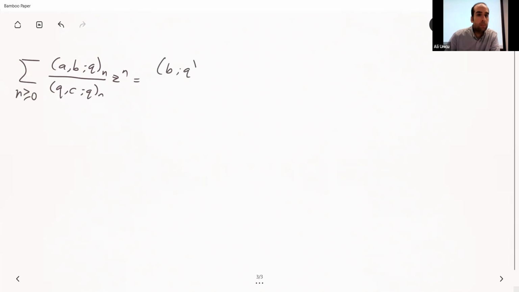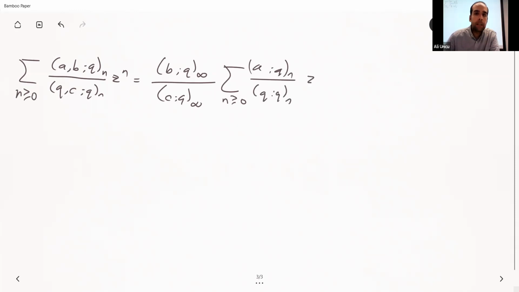We filled these products up so that we have the infinite products outside, and this ended up giving us (c; q)_∞ and (b; q)_∞. Now the idea that we caught was that this is an infinite product over product.